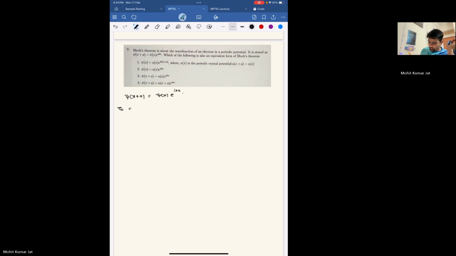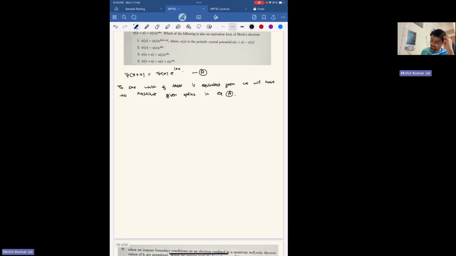To see which of these is an equivalent form, we will have to substitute the given options in equation A.